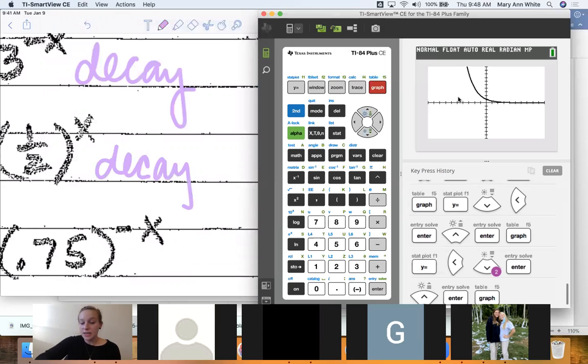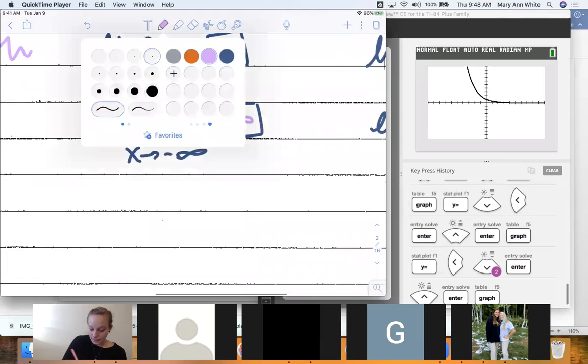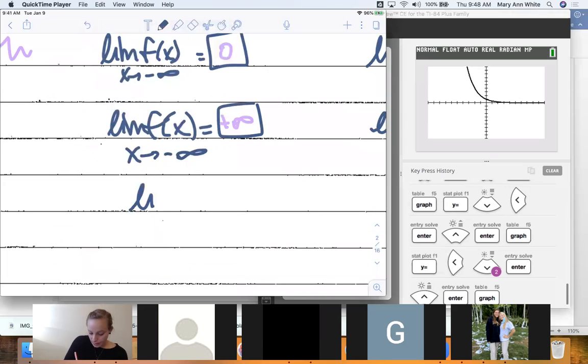As x was approaching negative infinity, my y's were getting bigger. We started over there where the y's were big. And then as we get closer on the positive x side, I approach 0 again. So my limit notation is exactly the same as the last problem, because my asymptote is the same and they're both decay graphs.